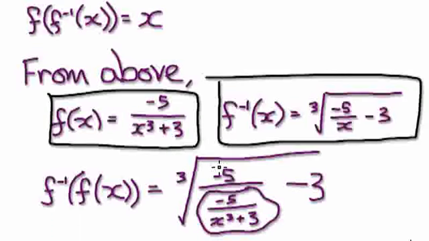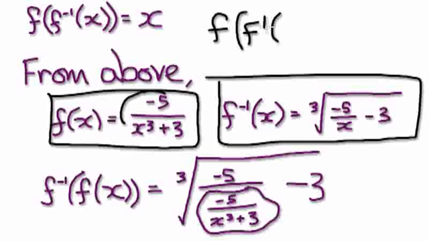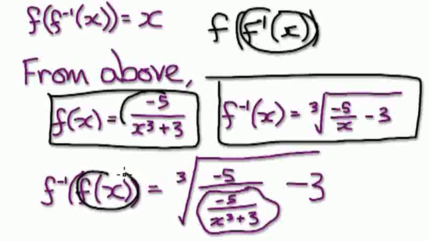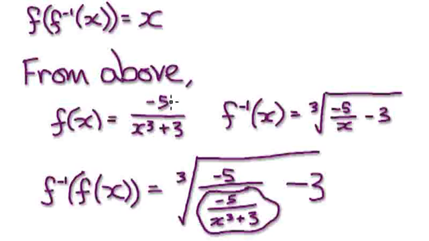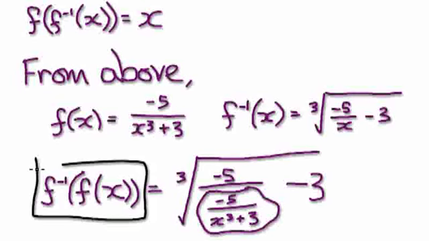Now we've got to show that earlier we put the inverse into the original function. Okay, we are putting the inverse into the function, but now we are putting the original function into the inverse. We need to show that.